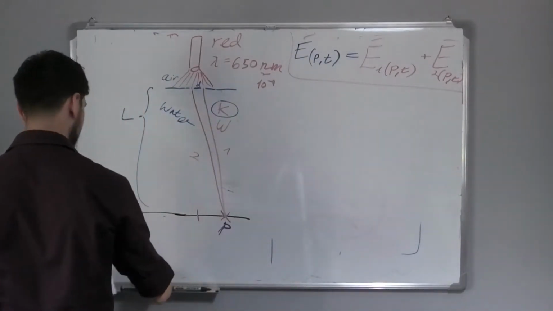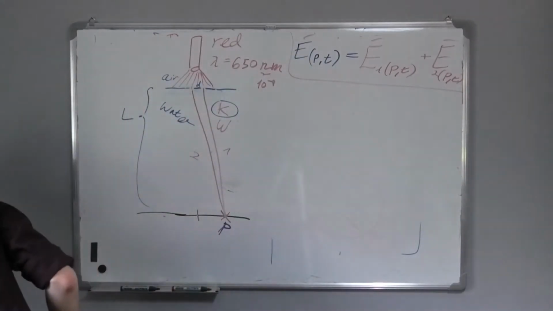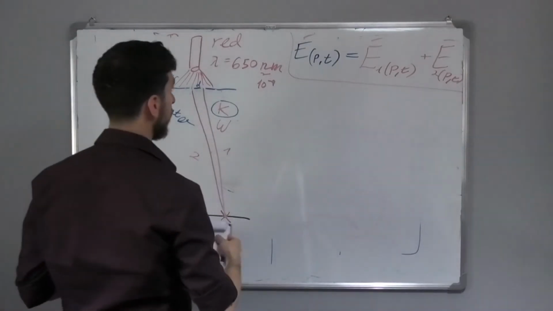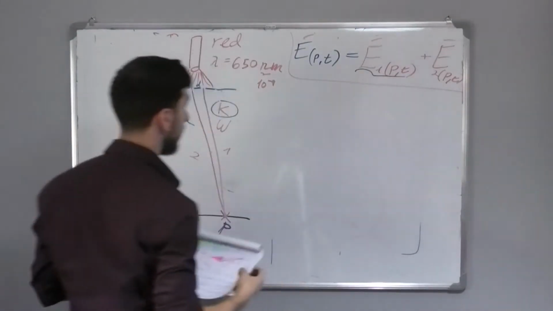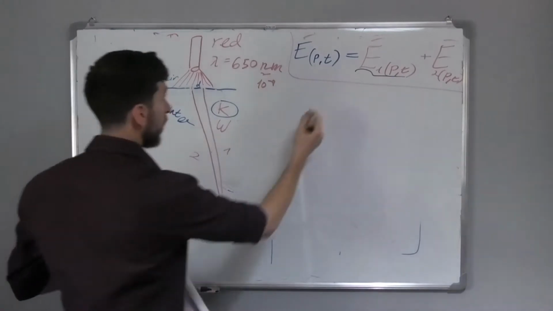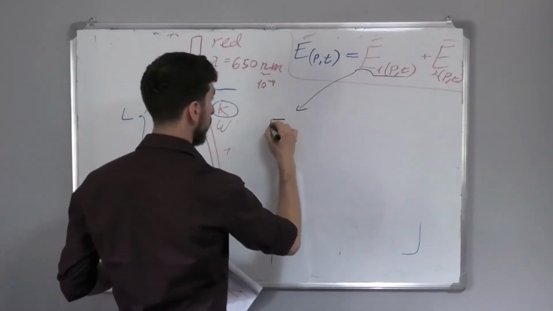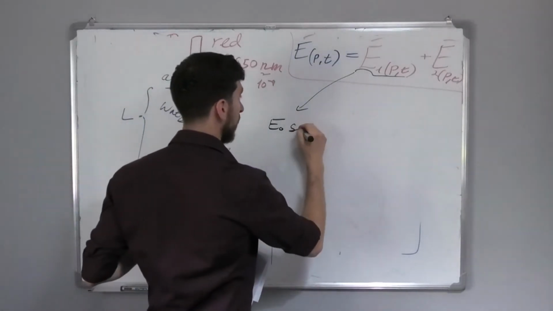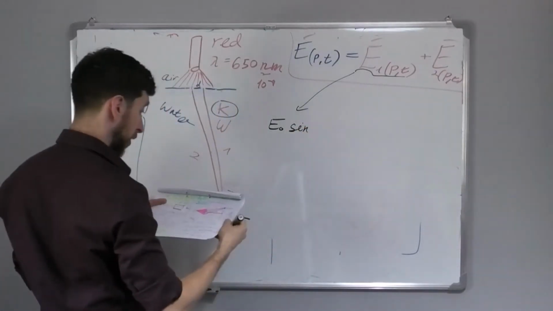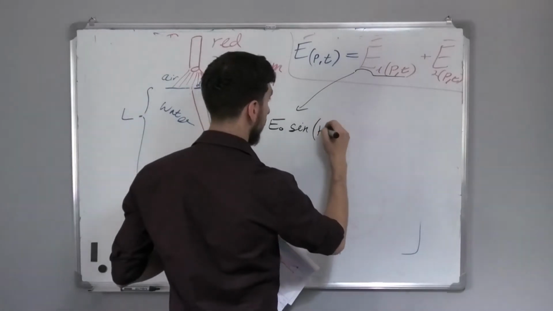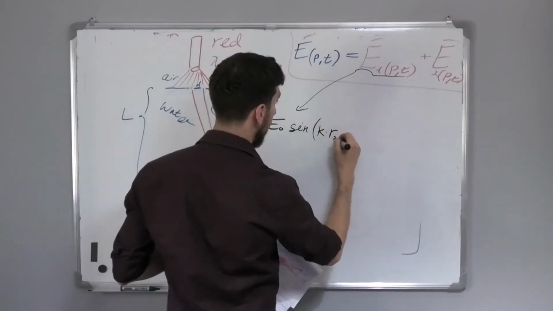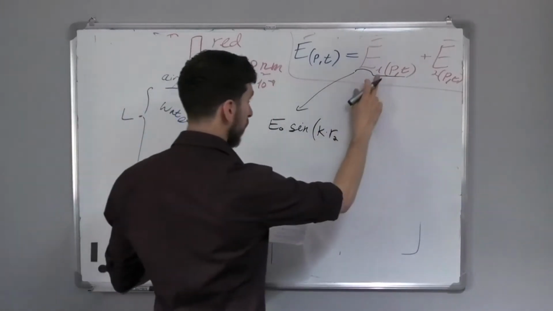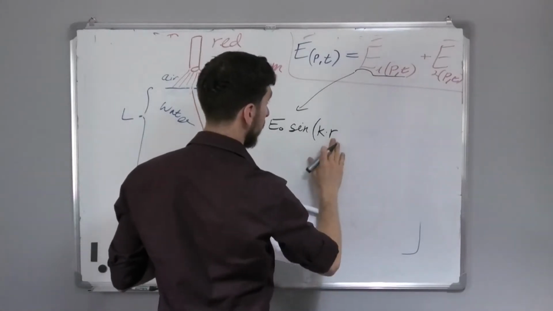And what is this light? We know how a light wave behaves. So this one is equal to E0, the amplitude, times a sine wave at the location k R1. Sorry, I wrote 1 and 2, so this is going to be 1.